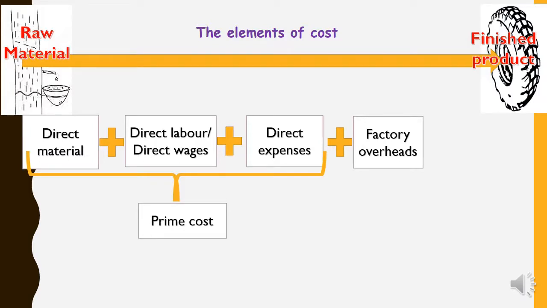Examples of factory overheads are the rental of the factory and the supervisor's salary. The direct labor is the worker who works on the product. Indirect labor is the supervisor, the accountant of the factory. All this we call indirect wages or indirect labor. Their salary will be put under factory overhead.